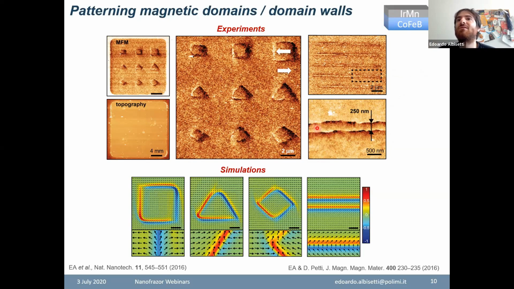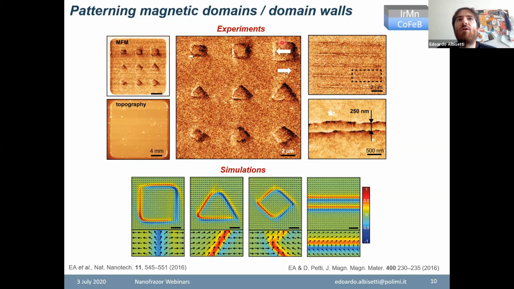This is the resolution that is given by the magnetic properties of the materials, which are limited by the width of the domain walls. These are the regions that separate two different domains. So the thermal profile can be much narrower, but then the magnetic domains cannot be that much narrower because of the magnetic properties of the ferromagnetic layer.